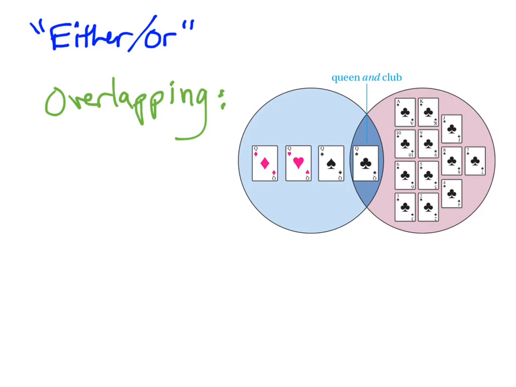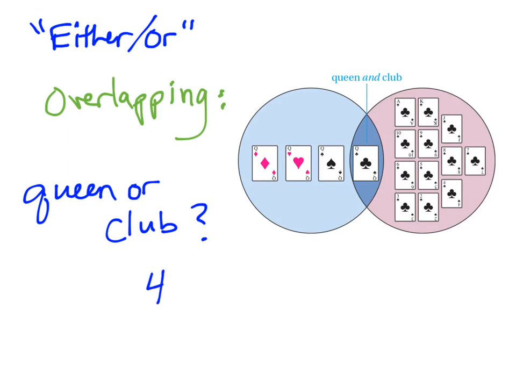Let's consider the probability of an overlapping event. Let's say we now ask, what is the probability of getting either a queen or a club when you draw a card from a deck? If we just add the two probabilities, there are 4 queens in a deck, so 4 out of 52, and there are 13 clubs.